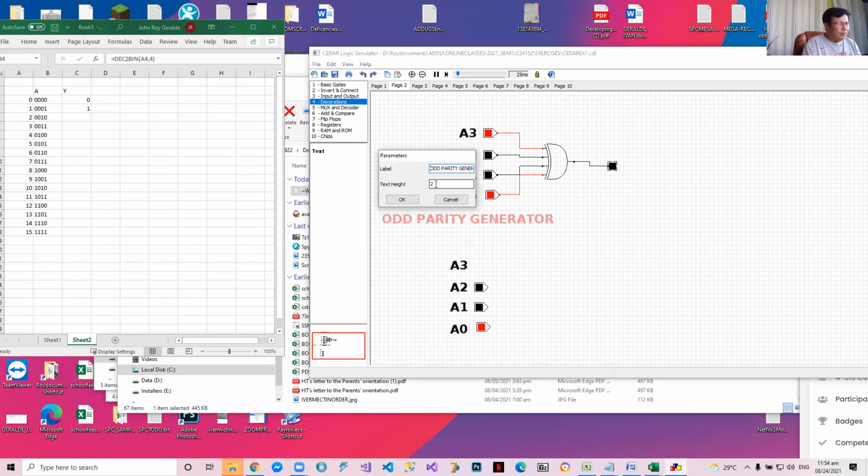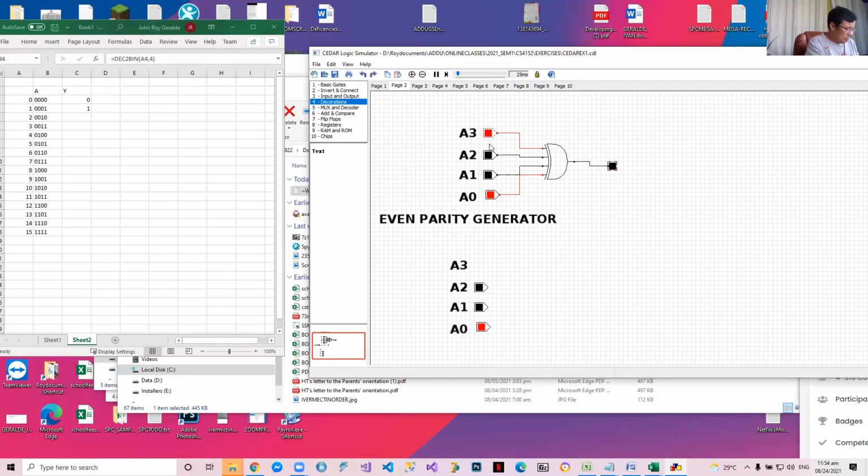How do we make an even parity generator? We'll just put a NOT at the output. Okay. So where do we get a NOT gate?